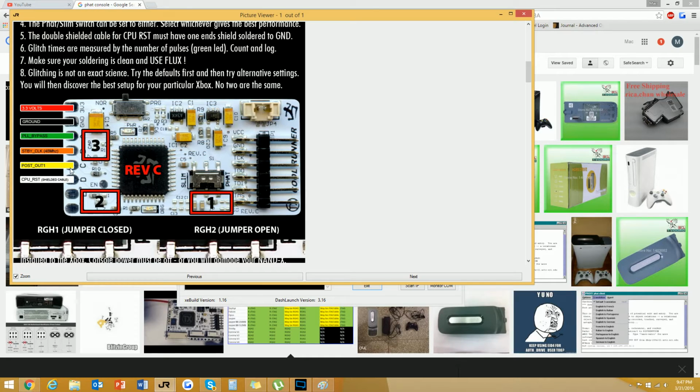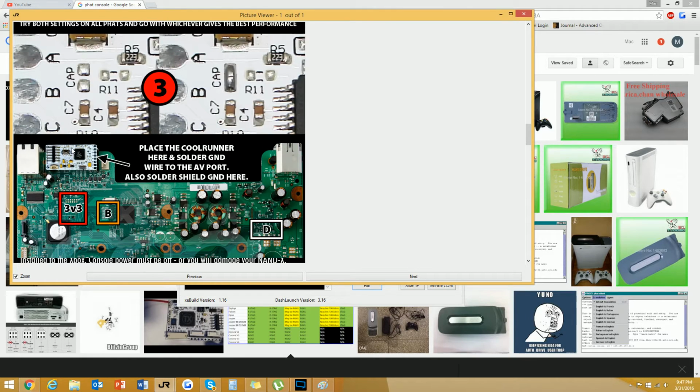And then E and F, which on RGH1 was the PLL bypass, as well as some other things such as post out and the standby clock. Those all factored into glitching the board. PLL was mostly what did the work.